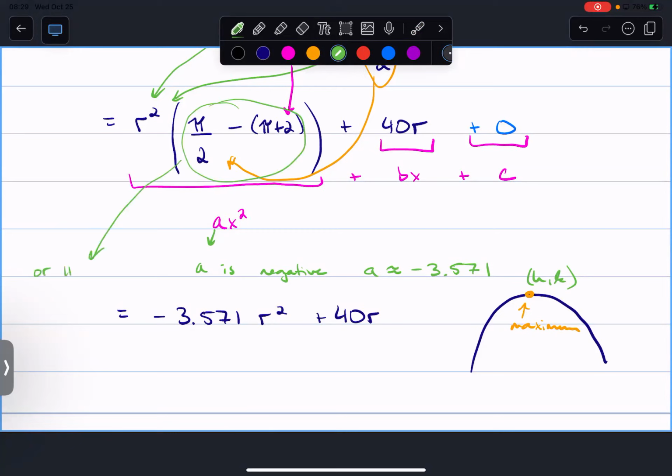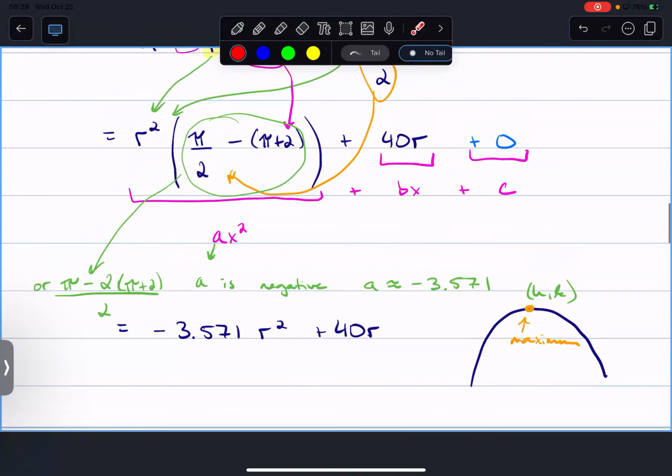Or pi minus 2 pi plus 2 divided by 2, which is approximately negative 3.571. I multiplied this side, the pi plus 2, times 2 over 2.